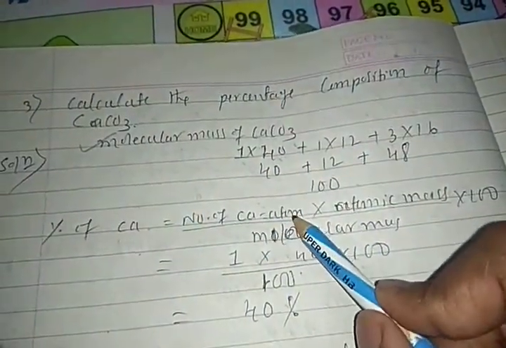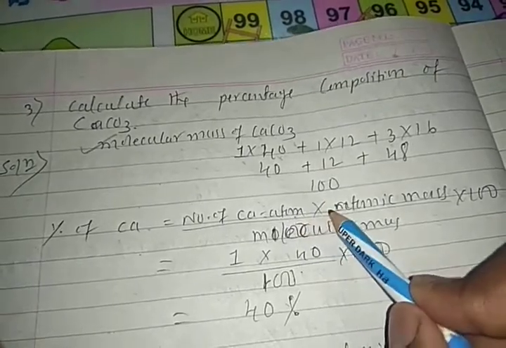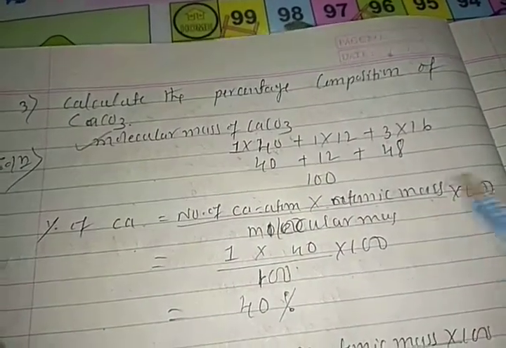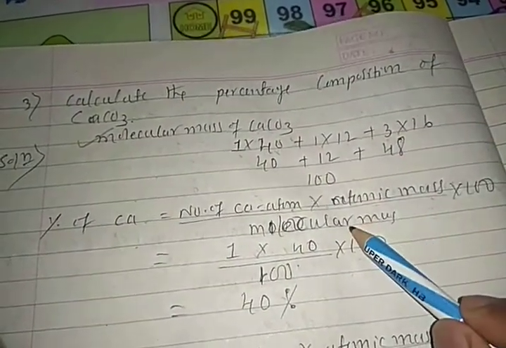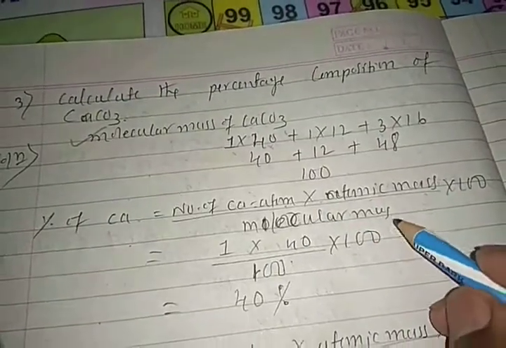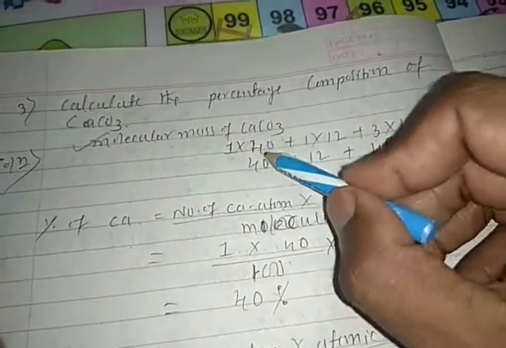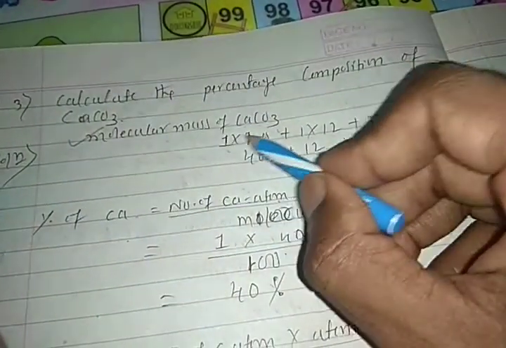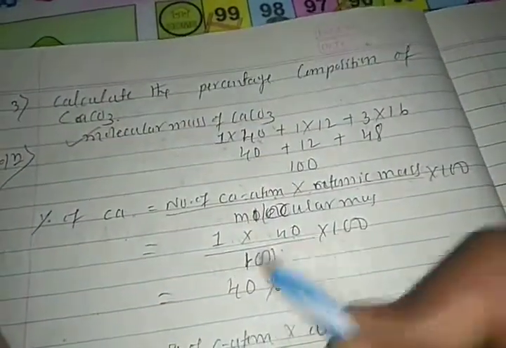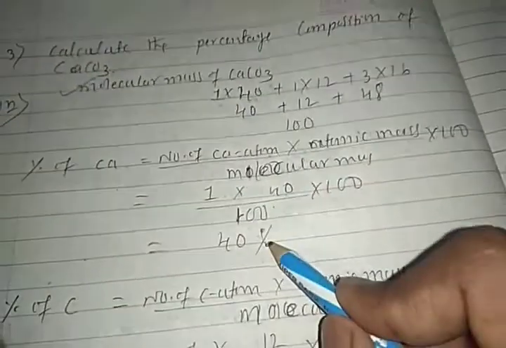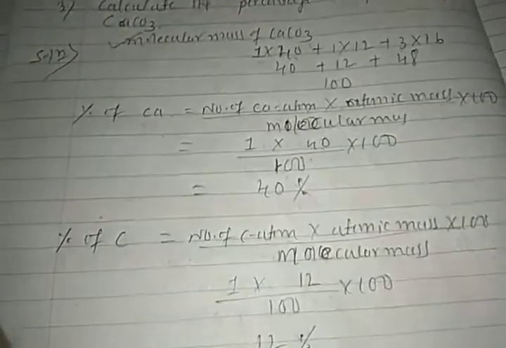So first one, students, percentage of calcium: number of calcium atoms into atomic mass into 100 by molecular mass. How many calcium? 1 calcium atom. Atomic mass of calcium is 40. 1 into 40, over 100, into 100, the 100 cancels, so 40%. Yes, students.